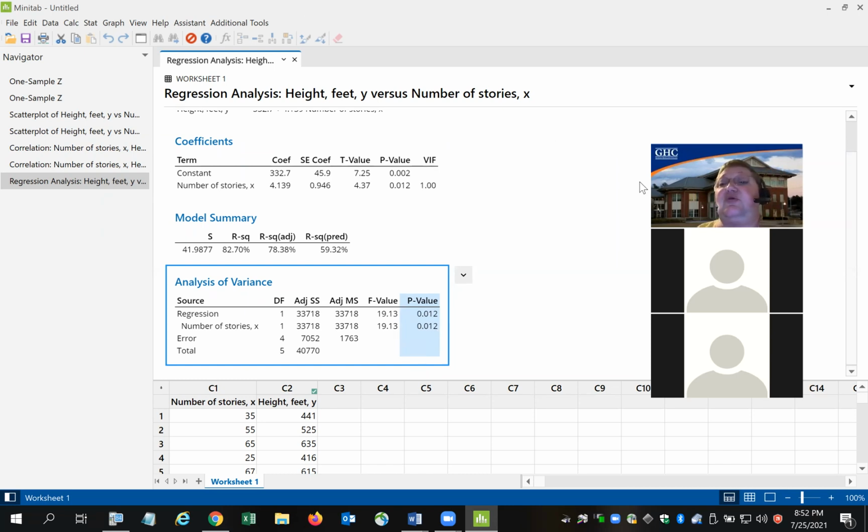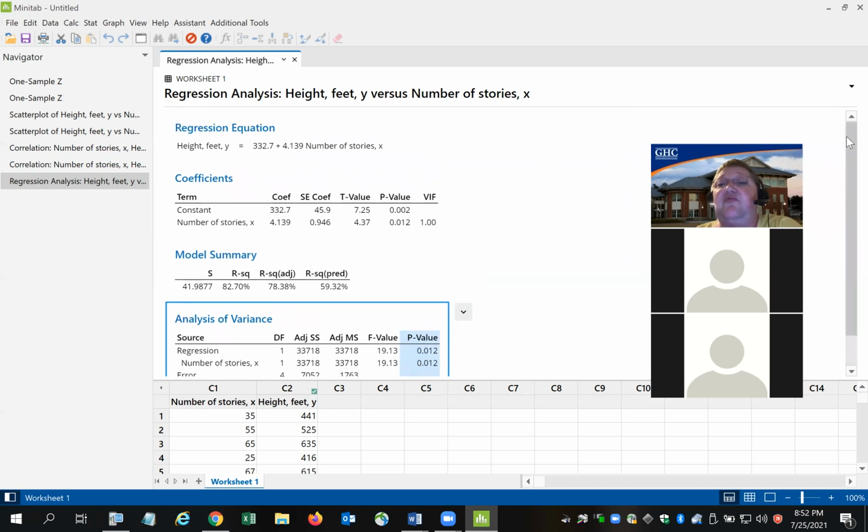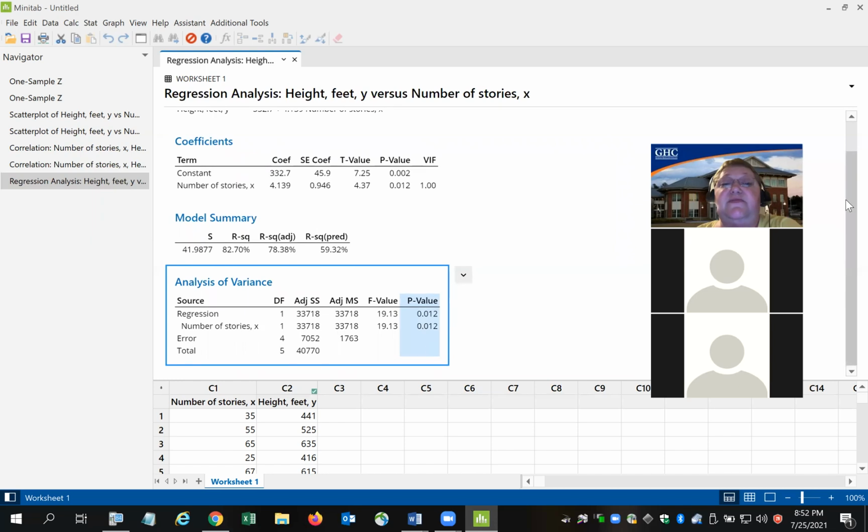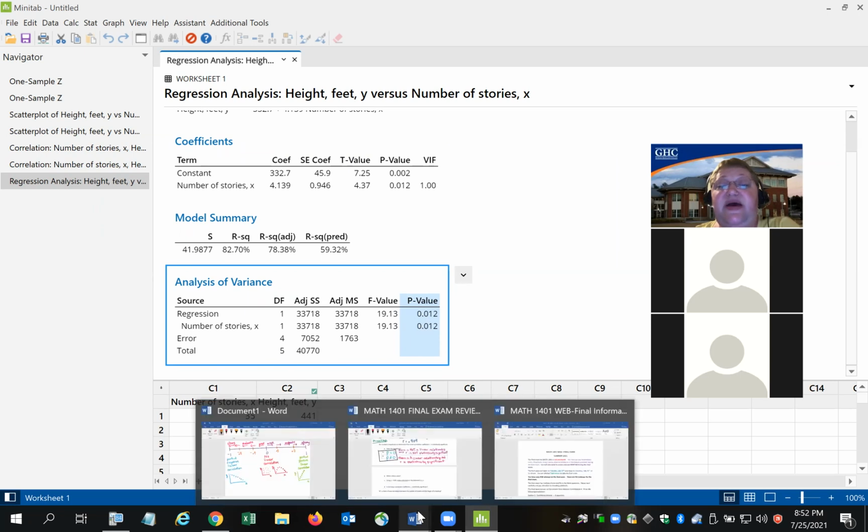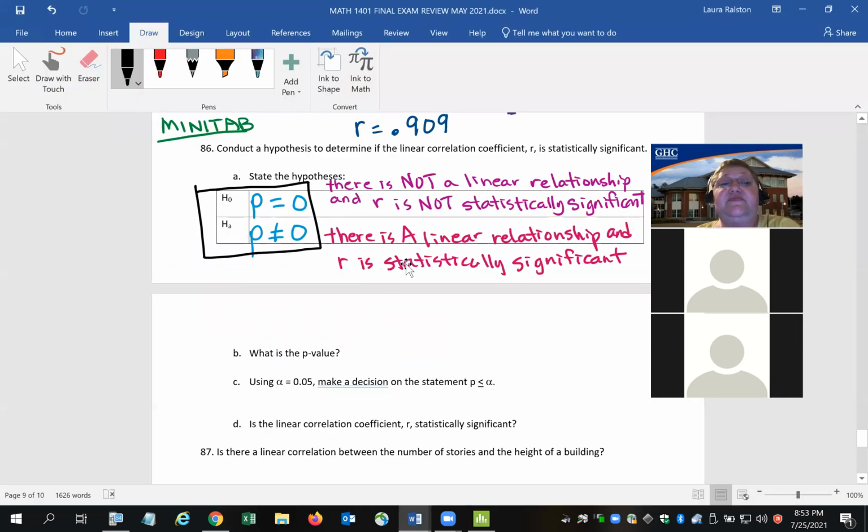Now again, when the results appear, you get lots of stuff. You have to scroll to the bottom to the analysis of variance header and then get the p-value. So I'm going back to my paper so I can write it down.